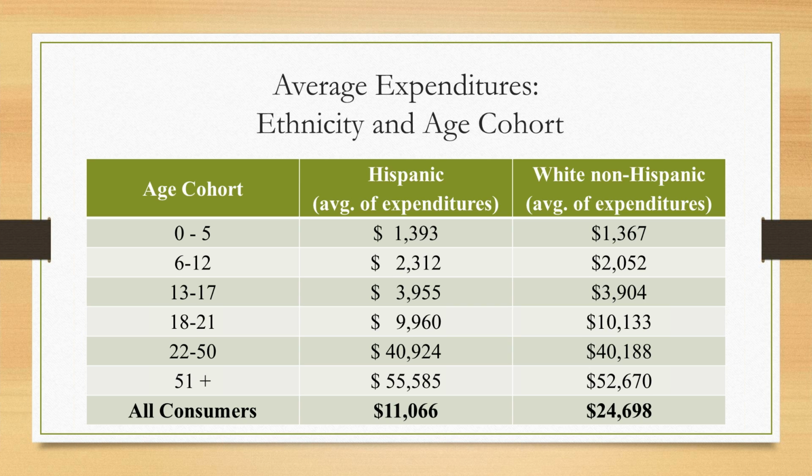Besides that, in every age group you have the Hispanics receiving more than is the case for the white non-Hispanics. However, overall, the average for all Hispanics is 11,066, which is very much over half reduced from the white non-Hispanics.